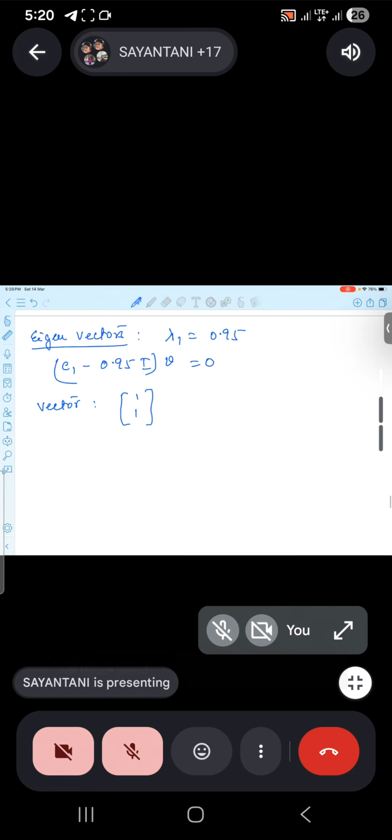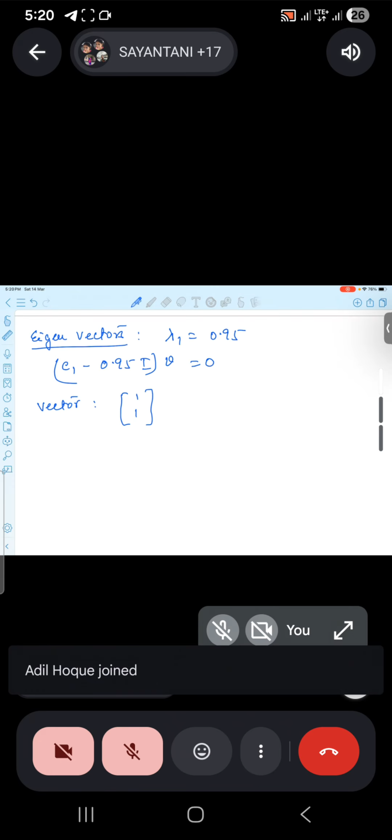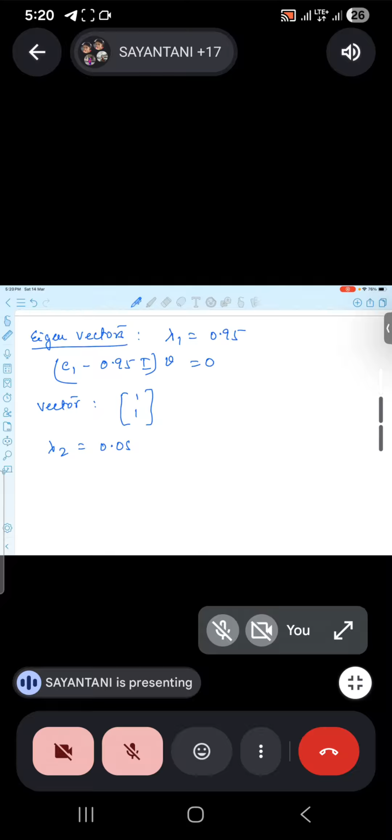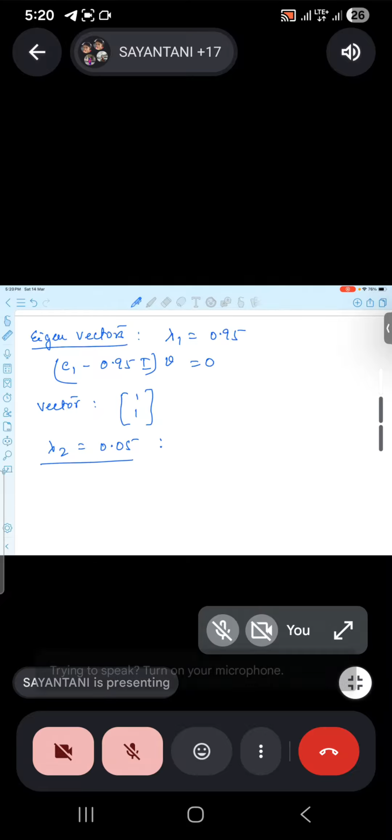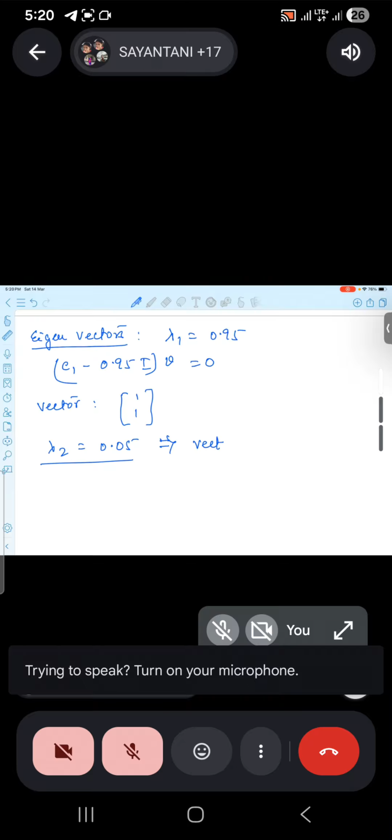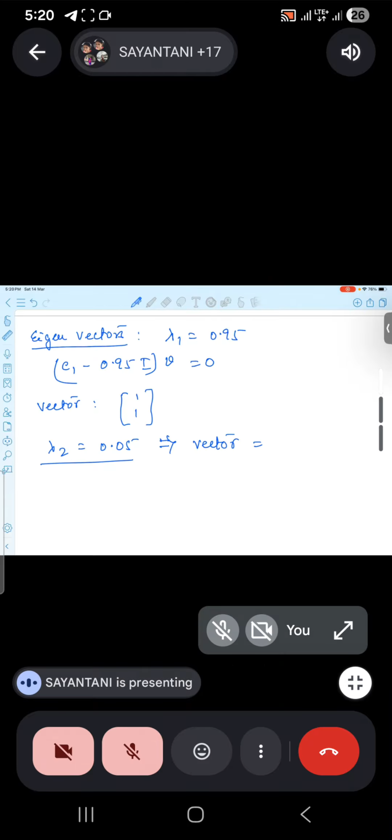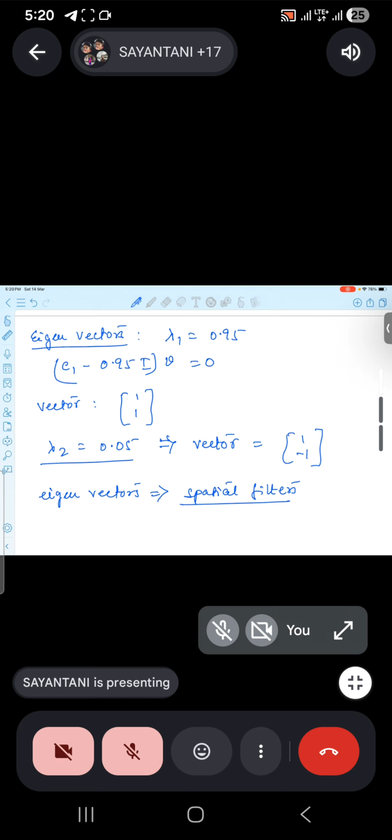This, and for your eigenvalue 0.05, the vector, if you calculate in a similar way, you obtain is 1 minus 1. Okay. So these two vectors which we obtained, the eigenvectors, these are your spatial filters. Okay.